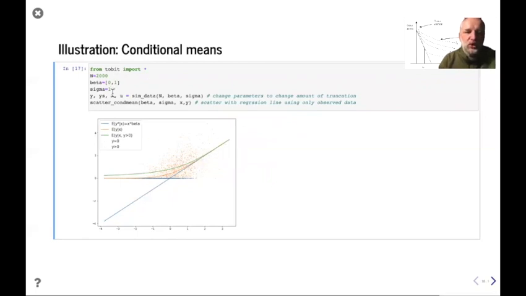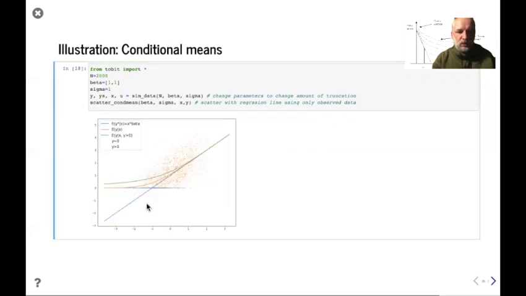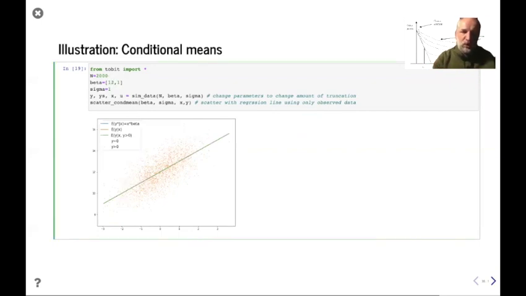And actually, we can also illustrate how these conditional means would completely overlap in case there was no censoring. So if we increase beta, then they start to become closer. If you increase it more, eventually they become identical in the case where there's no censoring, right?